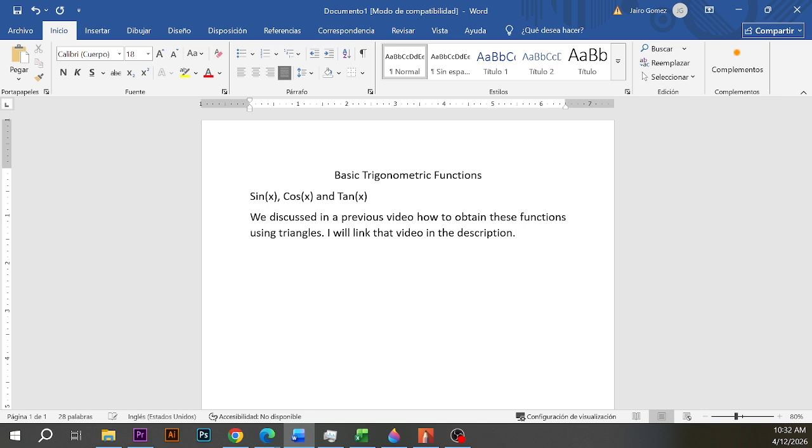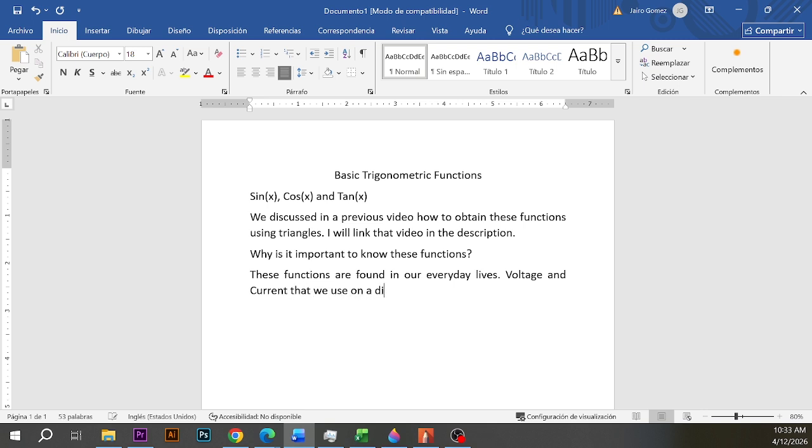So, why is it important to know these functions? Well, other than triangles, these functions are found in our everyday lives, such as the voltage and current that we use on a daily basis.